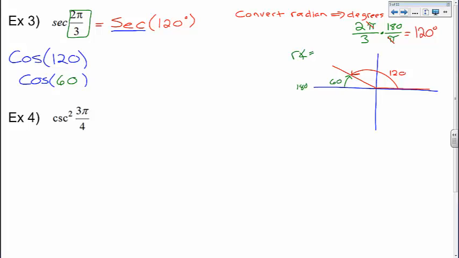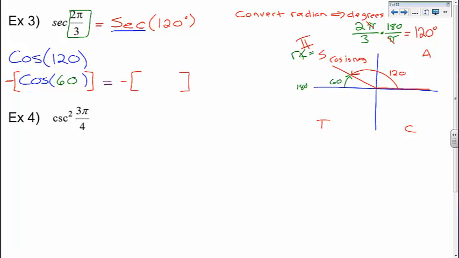Now I need to consider, is it positive or negative? This is where I use my mnemonic, add sugar to coffee. Because I'm in quadrant 2, I know that only sine functions are positive. Because I'm using cosine, I know that the cosine is negative, so I look for the negative value of my function, cosine of 60.